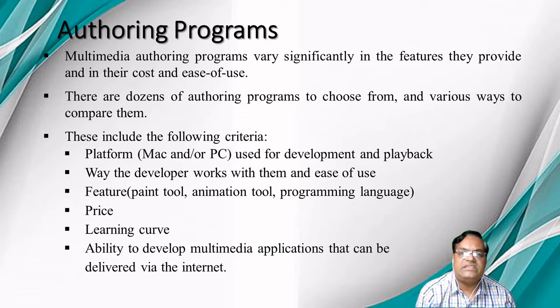These are some of the tools that are included as features in the authoring program, as well as it should allow programming with the help of some programming language. And above all this, you need to consider one more criterion, that is price.